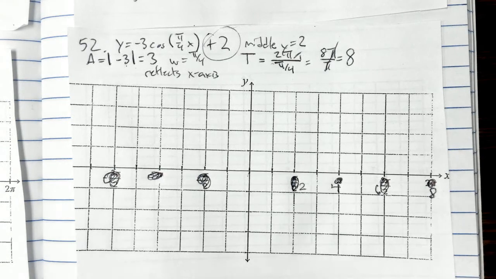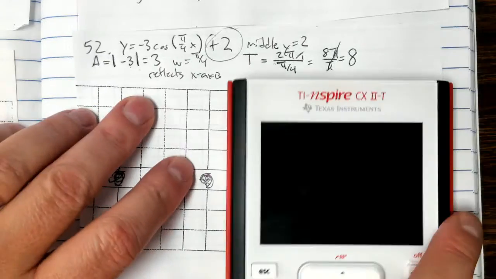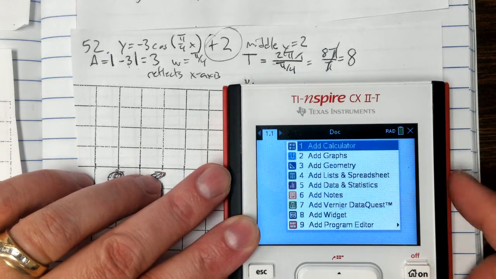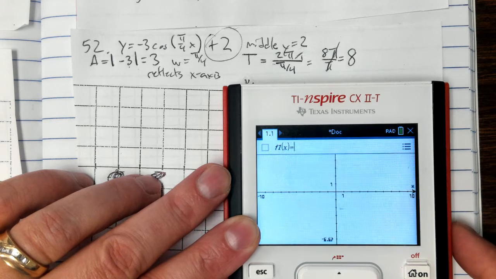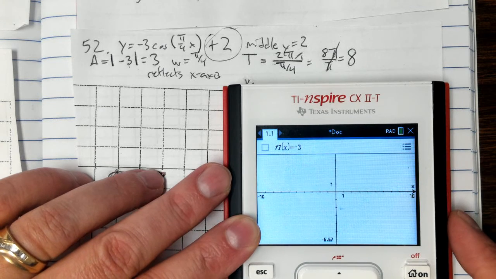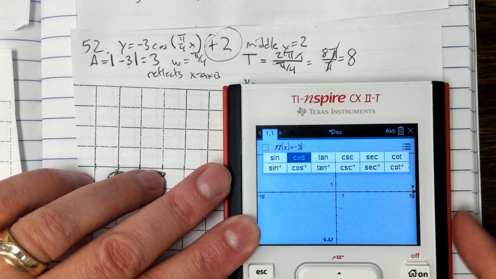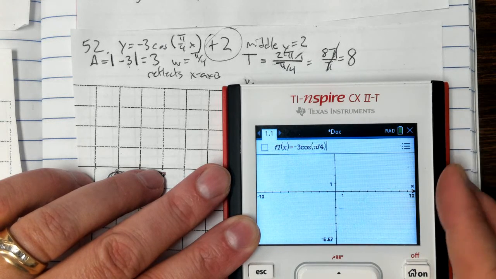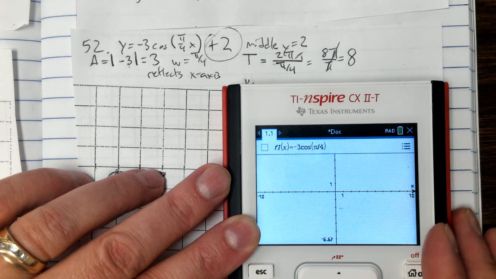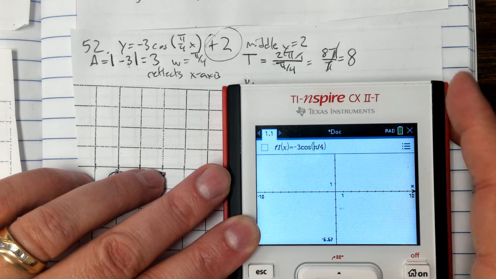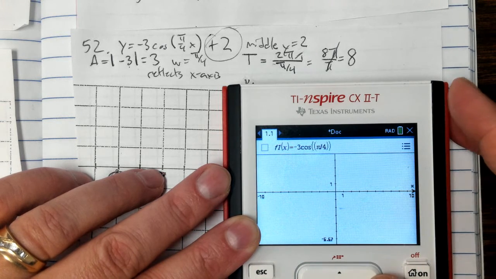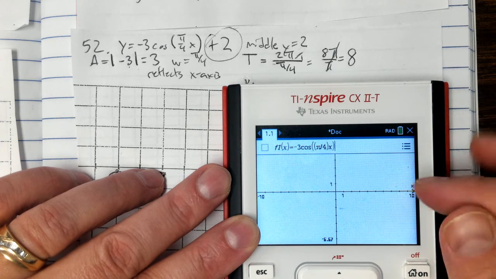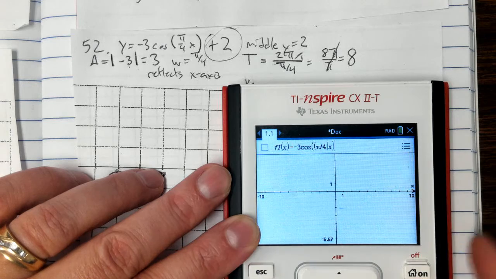And here's what that graph is going to look like: -3 cosine (pi/4, extra parentheses there and put the x right after that) +2.